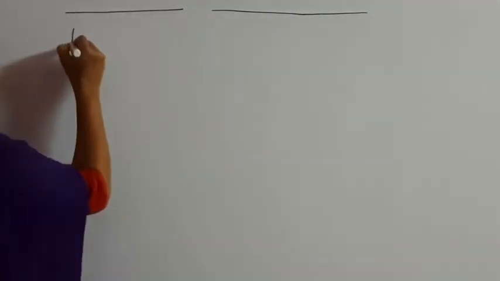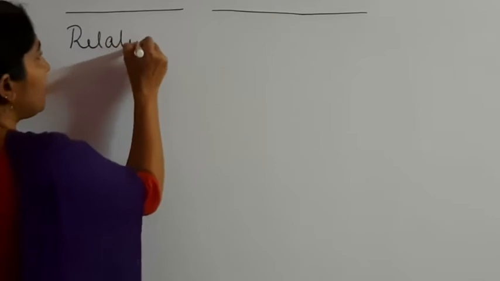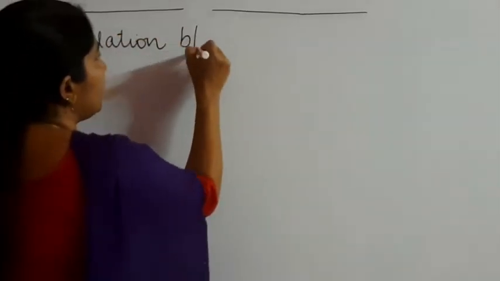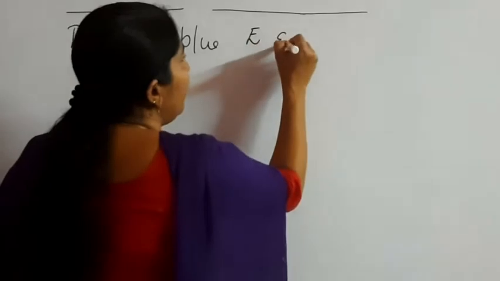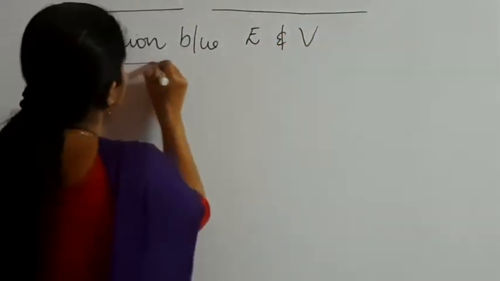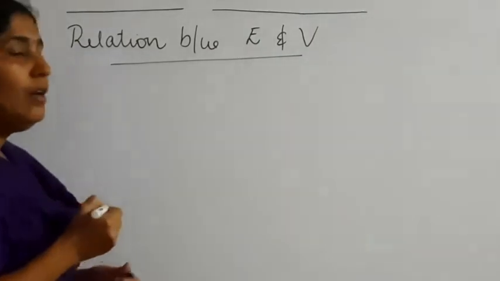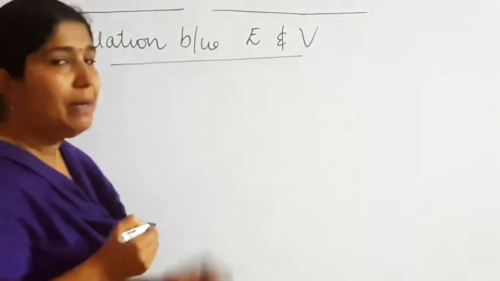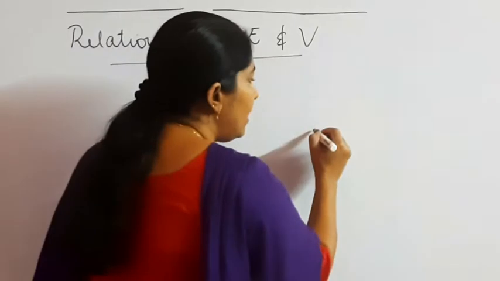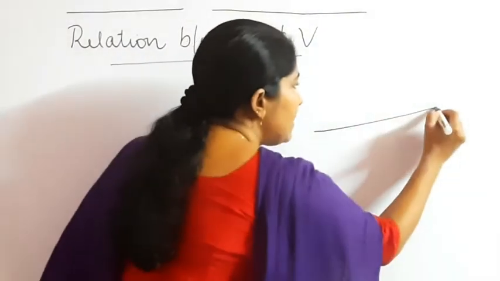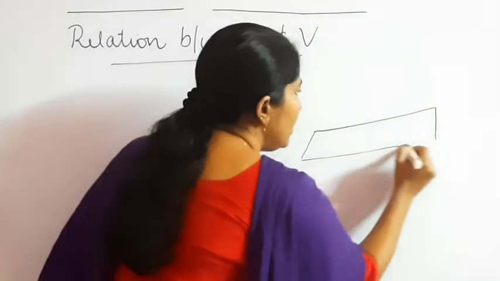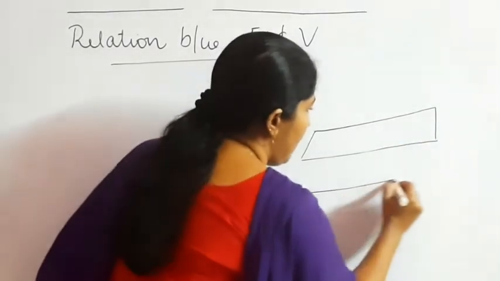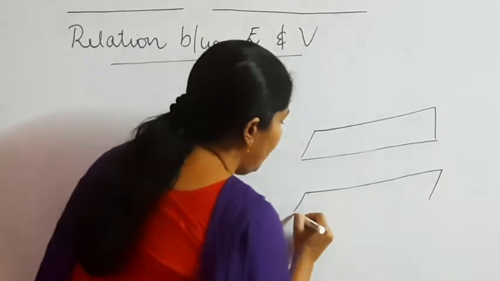Now we can discuss the relation between electric field and potential, E and V. For this, we consider two plates A and B, placed at a very small distance from each other.